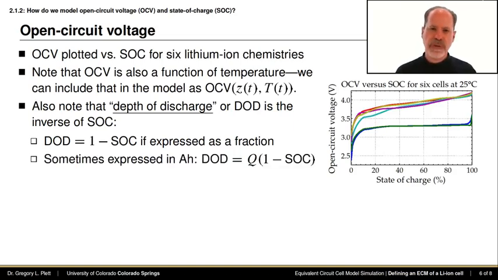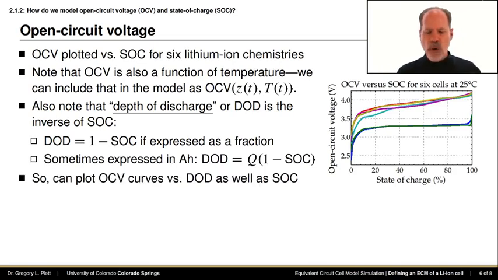So those are 2 ways that you see it. But since there's essentially a 1-to-1 relationship between state of charge and depth of discharge, that we can write these 2 equations, it's possible and common to see open circuit voltage curves plotted versus depth of discharge as well as plotted versus state of charge, and recognize that all we're doing is switching the horizontal axis when we're doing that.